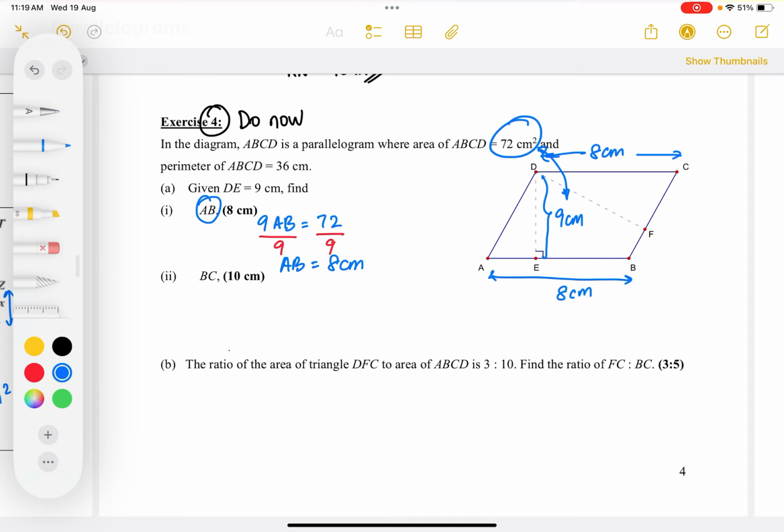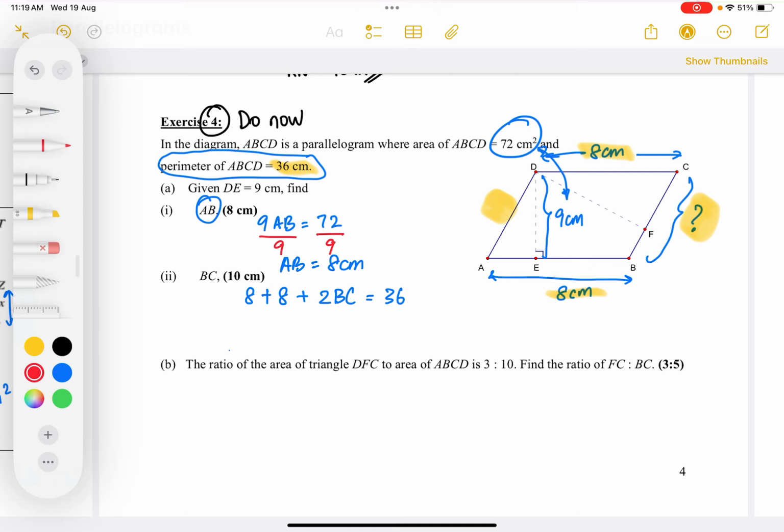Now they tell us to find BC. We will now use the perimeter information, 36. So 8 plus 8 plus whatever this is, which is the same here, gives us 36. Put that all down. 8 plus 8 plus 2 of the unknown BC has to be 36.